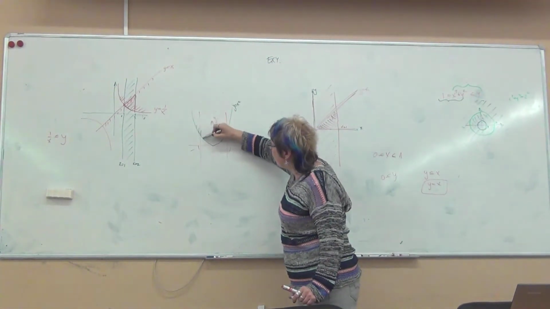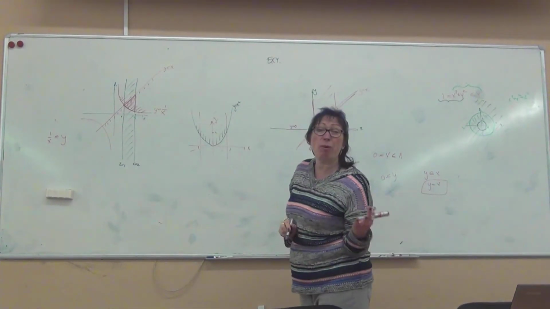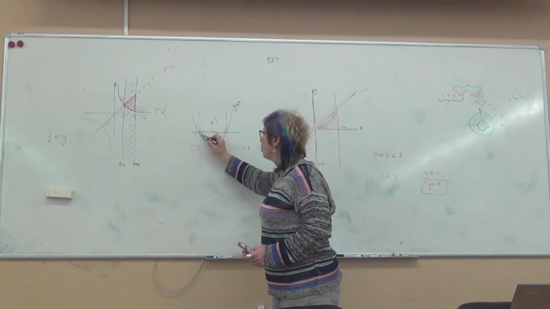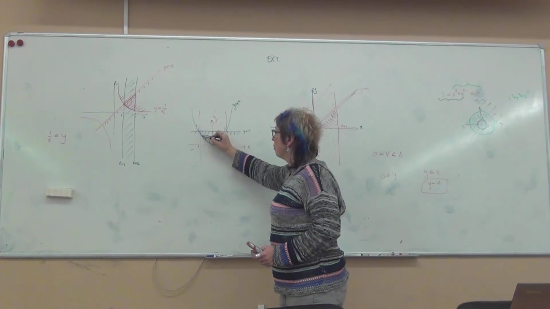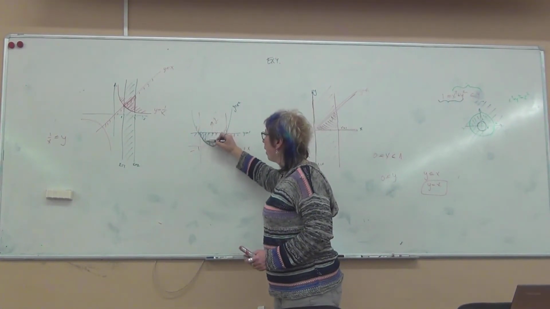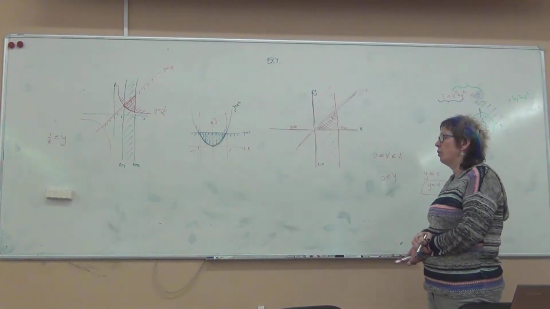So we have to go upwards from the parabola, and then y has to be less than or equal to 1, like this. So we go down from this line. So we can see it's this part. It's this part of the plane, this part of the whole thing.